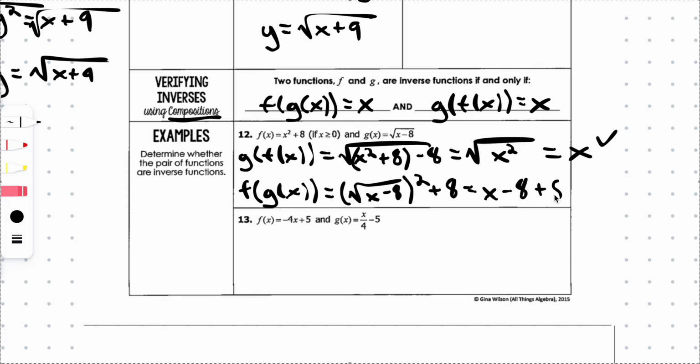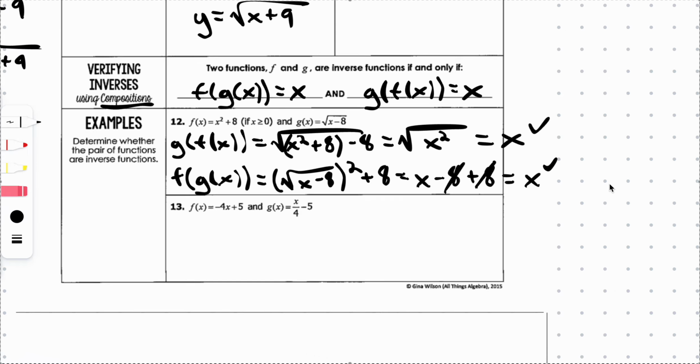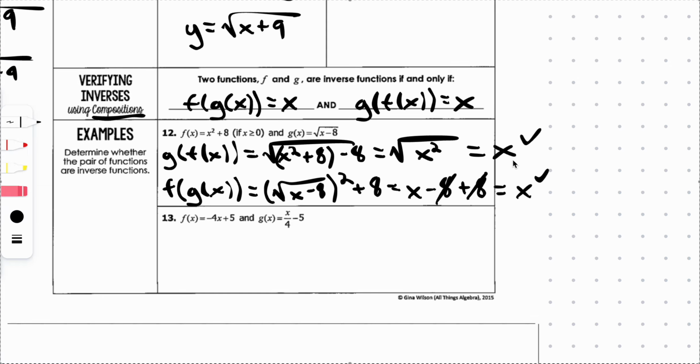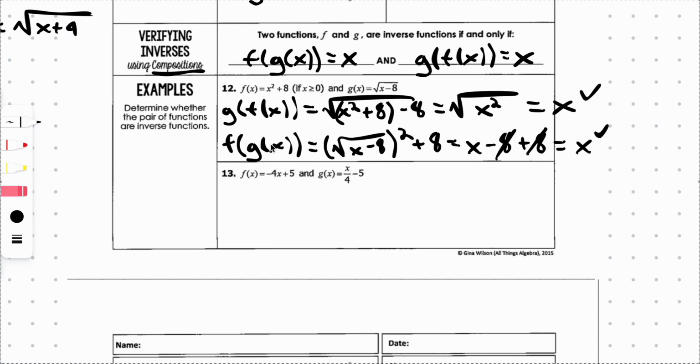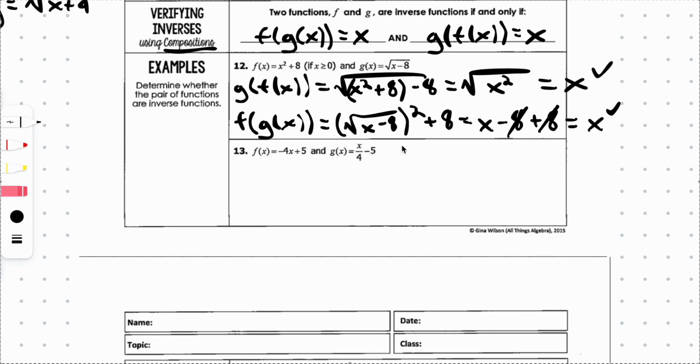And then we're still going to have plus 8. These two cancel out, so we just get x, so it checks out. So we know that g of x and f of x are inverses, okay? I'm not going to write it down, but you would say that. So try using that to help you solve 13 now.